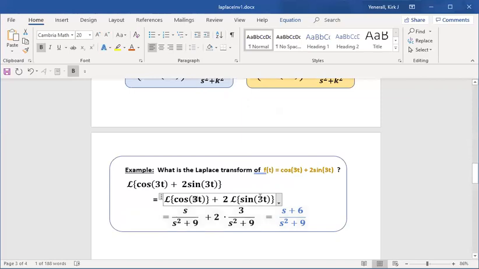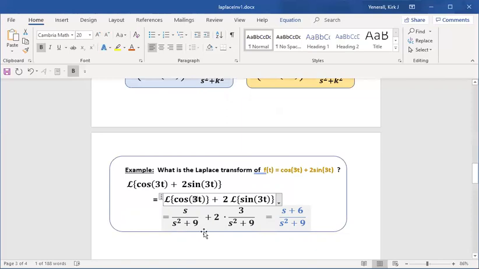And the Laplace transform for the sine of 3t will be k over s squared plus k squared. So 3 over s squared plus 9 for the Laplace transform of the sine. Now we have twice that transform, so 2 times 3 is 6.